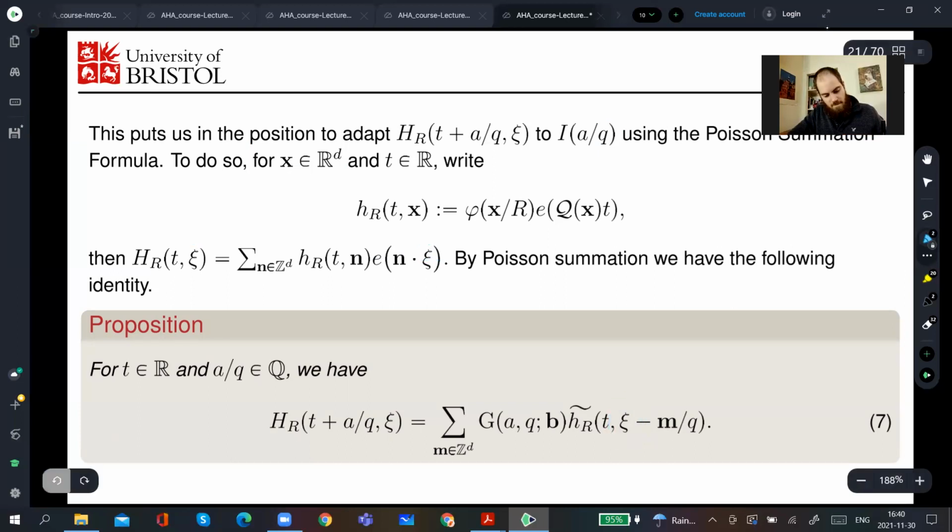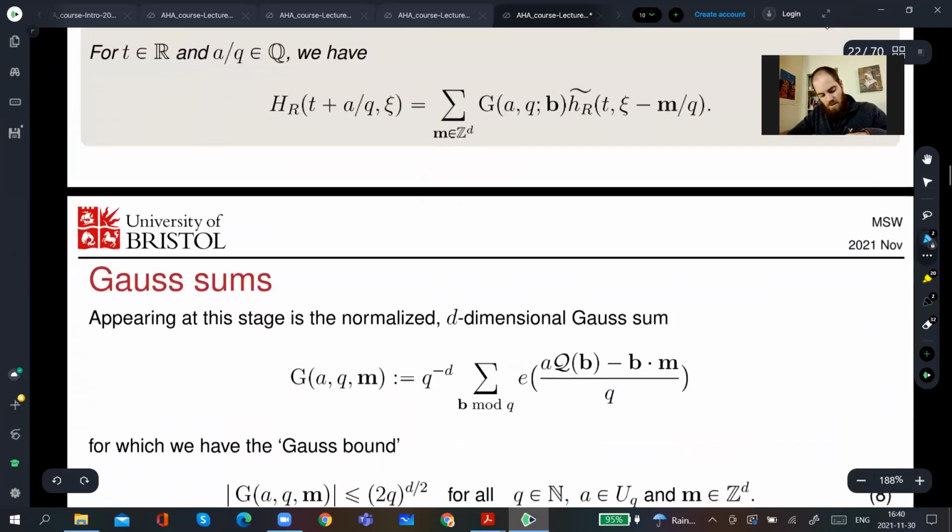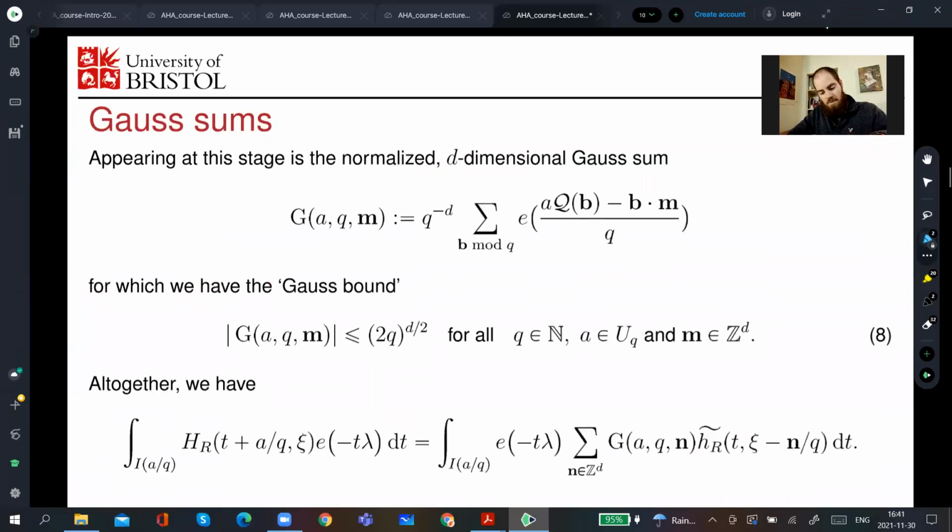All right, these G's are the Gauss sums, which I'll recall their definition right now. They're normalized, they're d-dimensional. So for each of these fractions a over q, I have this as my exponential sum modulo q. And we also saw previously that these satisfied a nice bound, which I call the Gauss bound, for every q uniformly, and then depending on the dimension, they satisfy this bound.